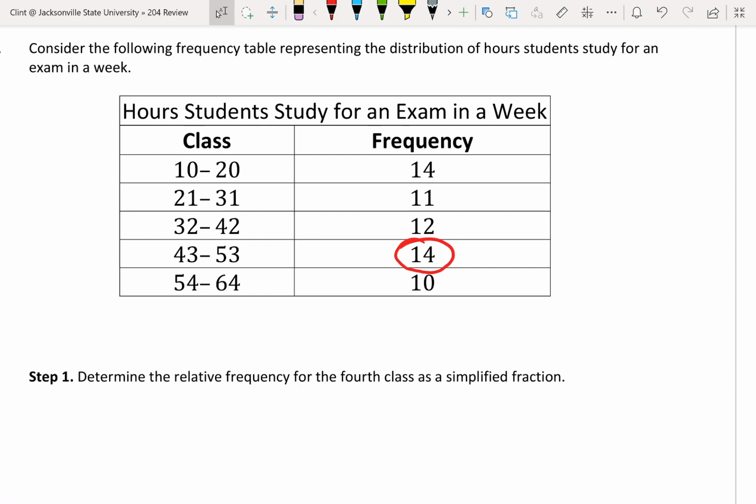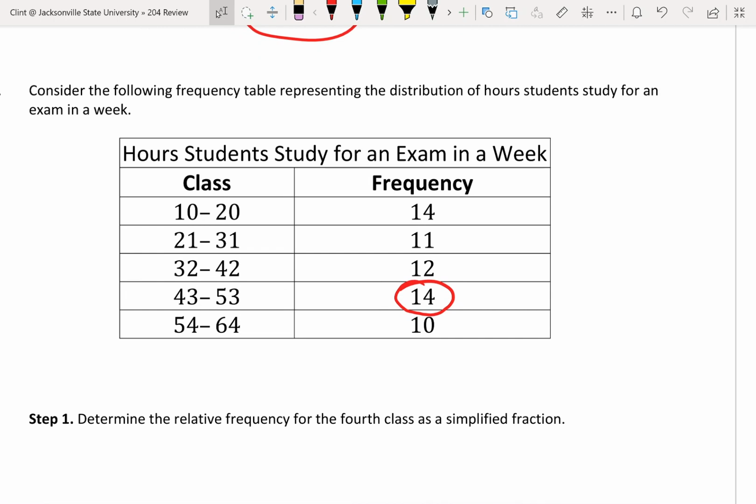We want the frequency relative to the whole, how many data values we had. So we got to figure out how many we had. Sometimes we get lucky and they tell us how many were in here. This one we didn't, so to figure out how many data values we had, we just add all these up to get our total.